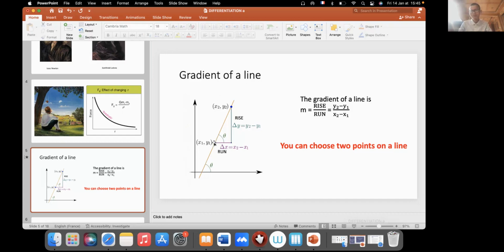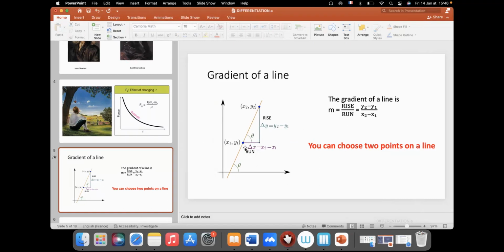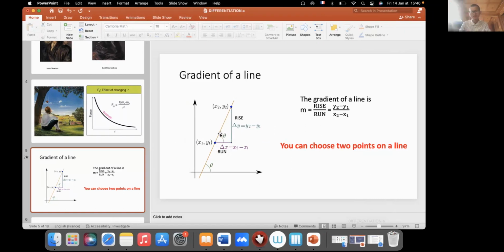If we fix a point, Newton picks another point, and he defined the gradient at this point to characterize the rate of change, which is defined like this: the rise over the run. That is, he used the y coordinate change over the x coordinate change.